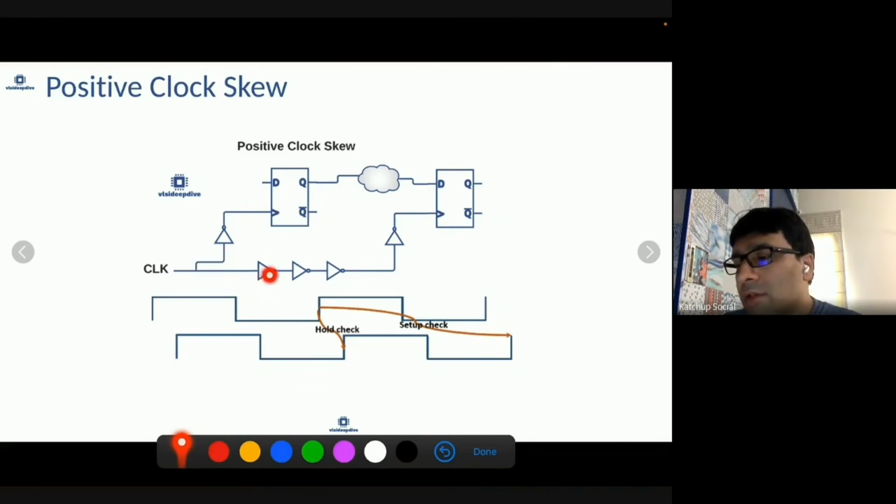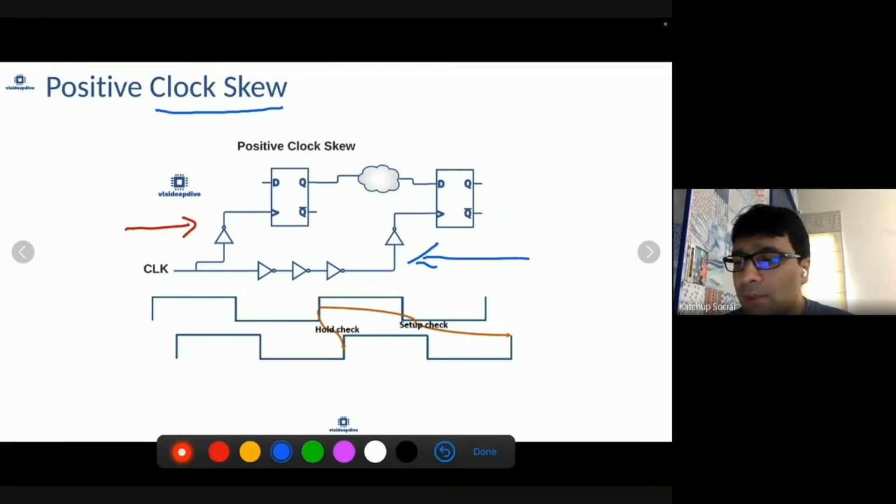And this clock is after some inverters connected here. Now, this path and this path, which is the clock path, will definitely have some delay difference. And this delay difference between clock paths is what is known as clock skew.